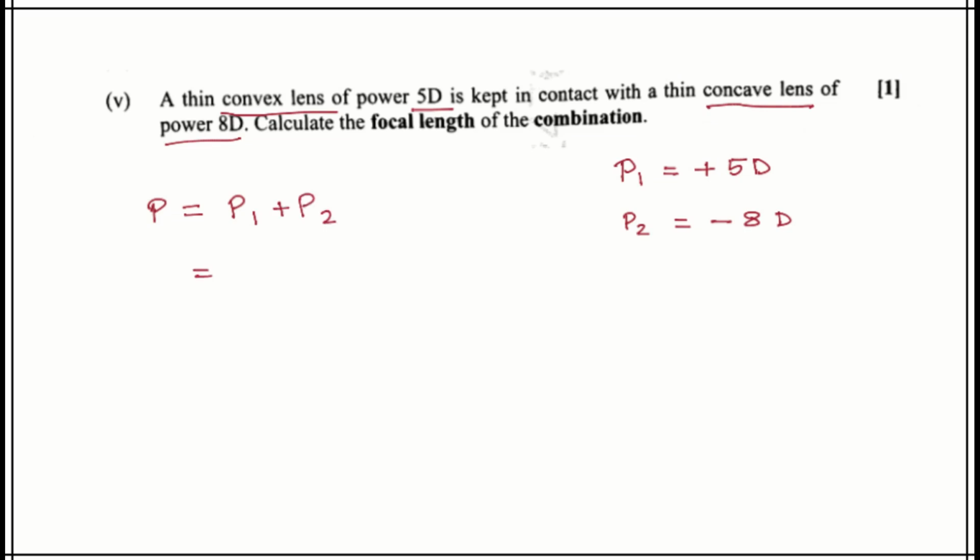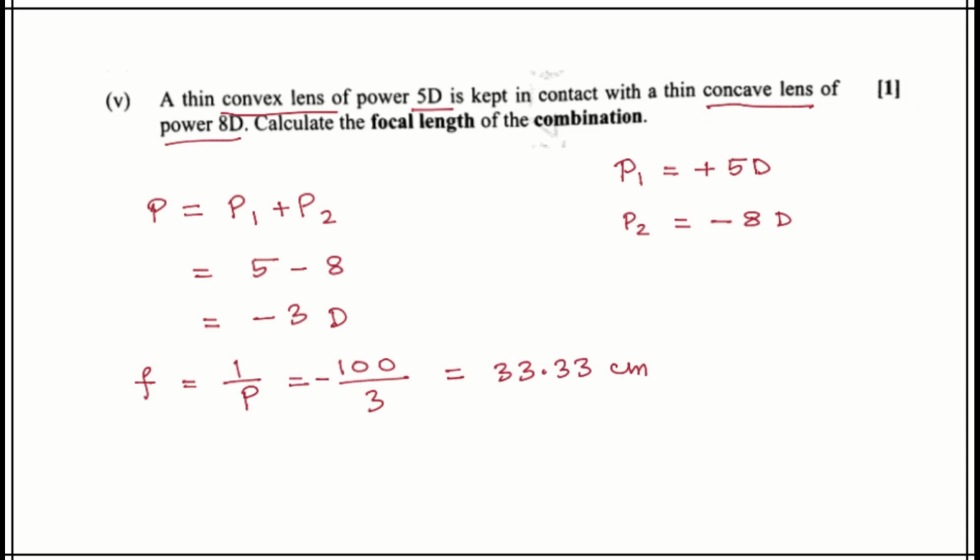P1 is 5 and P2 is minus 8, so when we add them, we get minus 3D. Therefore, focal length F equals 1 by P, equal to 100 by 3 with a minus sign, so it will be 33.33 centimeters with a negative sign. So the focal length will be minus 33.33 centimeter. This is the answer.